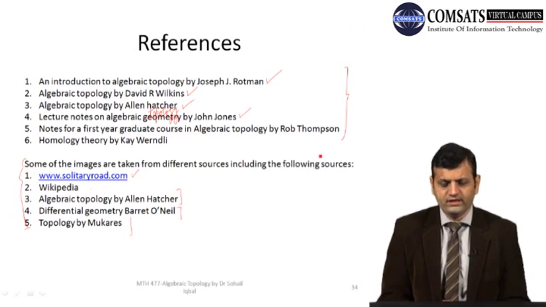If you are interested in understanding other things than we have discussed in this course, or you want to explore further the things that we discussed in this course, then I would strongly recommend you go for the first and the third reference: Algebraic Topology by Allen Hatcher and An Introduction to Algebraic Topology by Joseph J. Rotman.